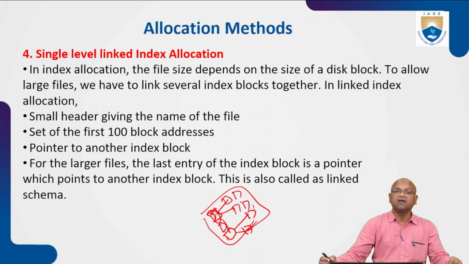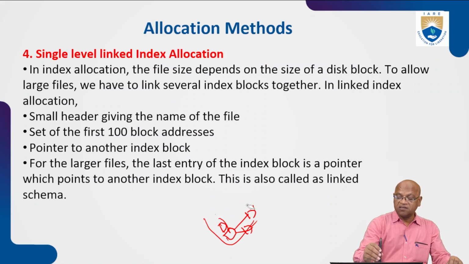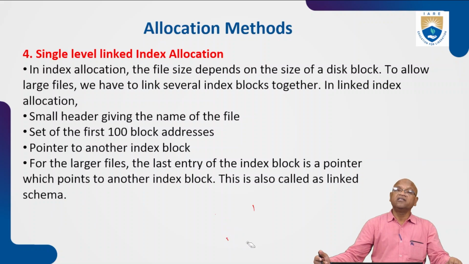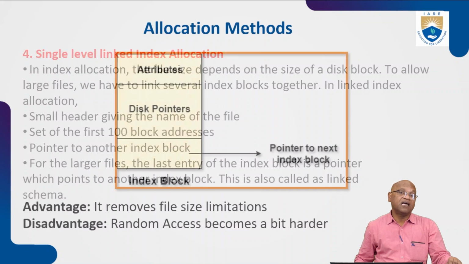This is single level linked index allocation, because it depends upon the file size. If the file size is large and the block size is small, they will use two or three different index blocks, and these index blocks are linked after that. This is called single level linked allocation.